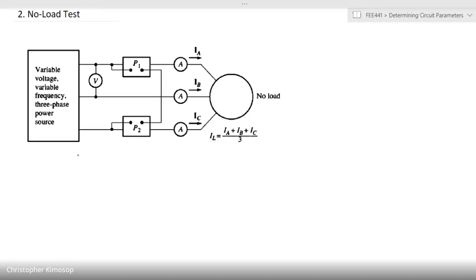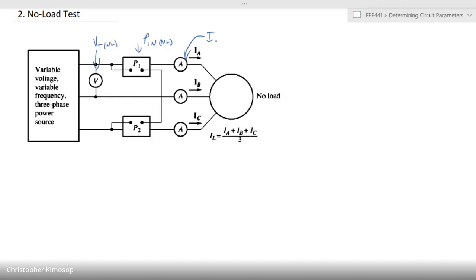Okay. So the no load test is given by that circuit. You have power meters, so you're able to check what is the input power at no load. You're also able to check what is the voltage at the terminals at no load. And through the ammeter, you're able to get input current at no load.